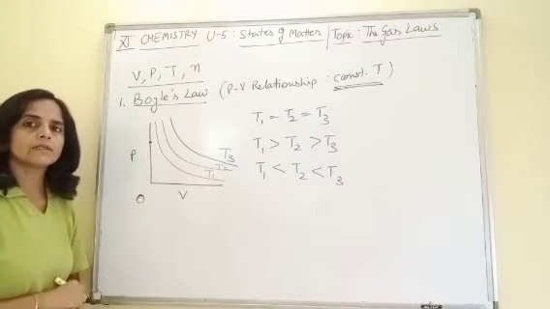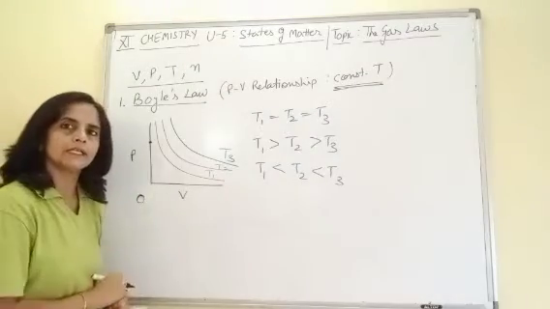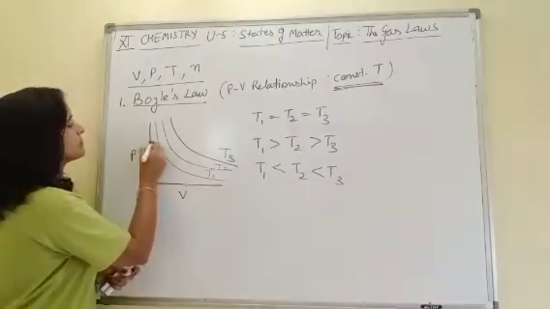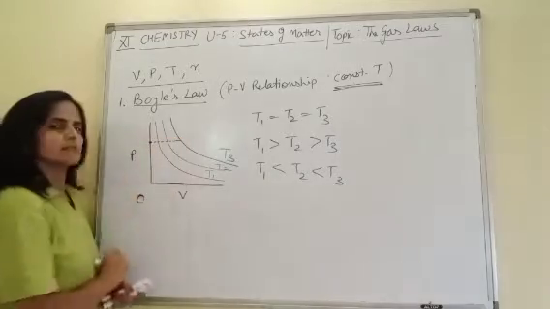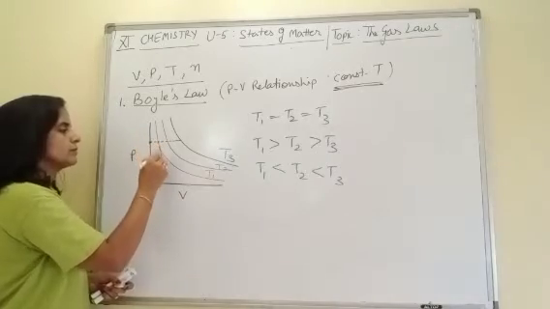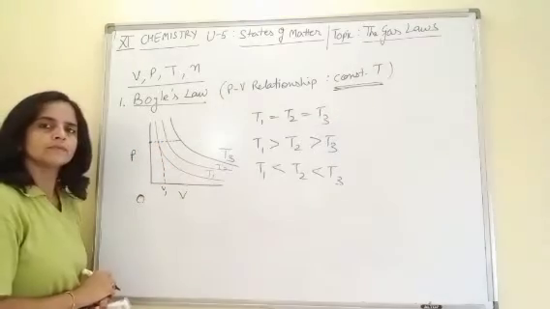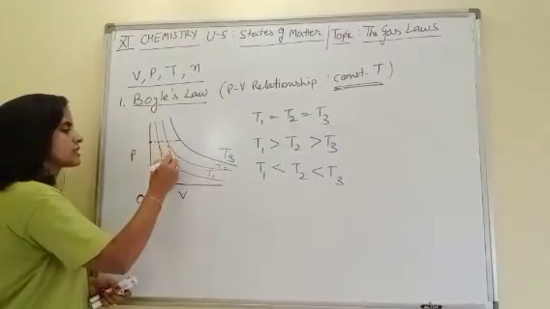At this pressure, now I want to check the values of V and T. Simply, this is the volume corresponding to T1. This is V1. And this corresponds to T2.